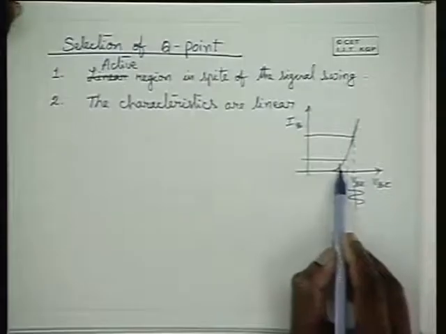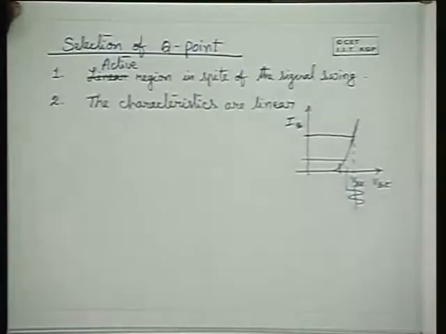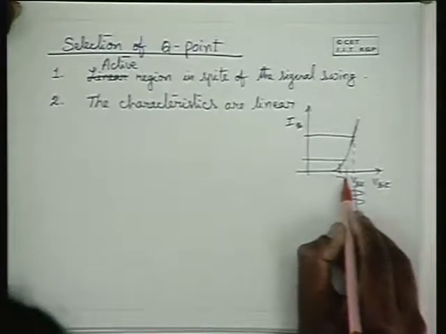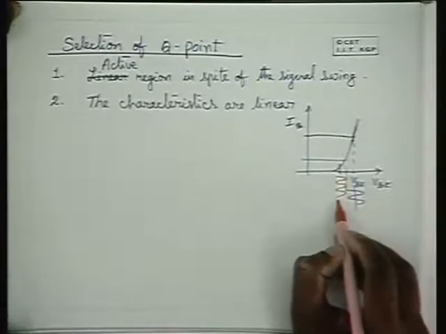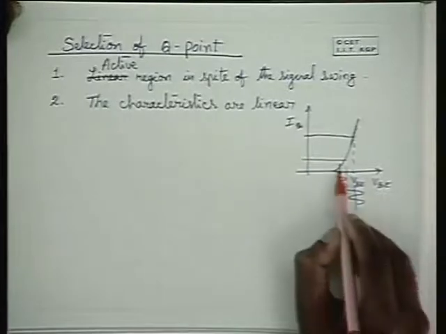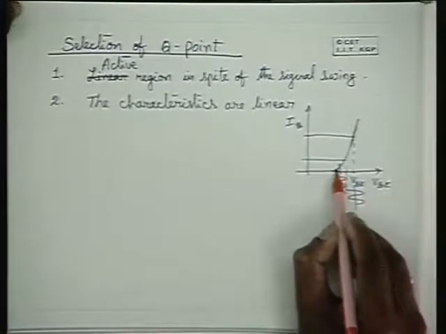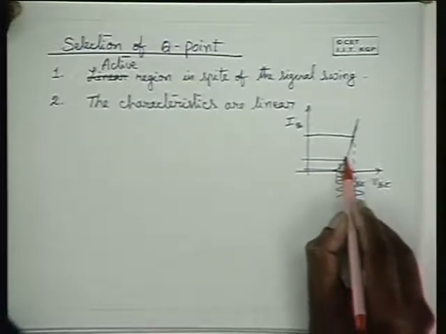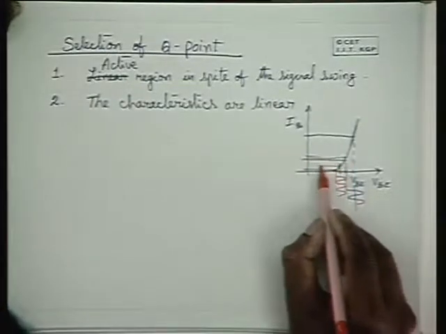On the other hand, if you try to operate this transistor around this point of VBE and IB with this kind of base to emitter potential variation, what do you expect? The base current changes from this value to this value, centered around this point.